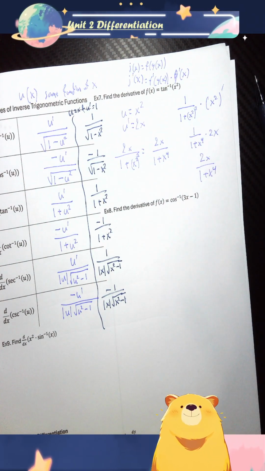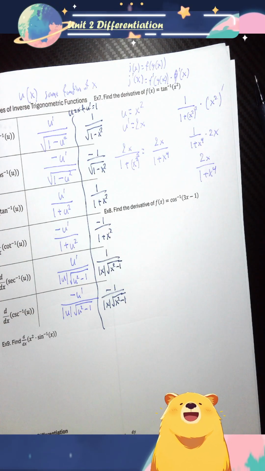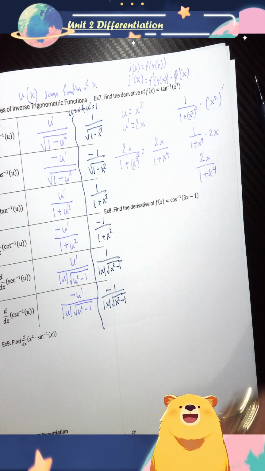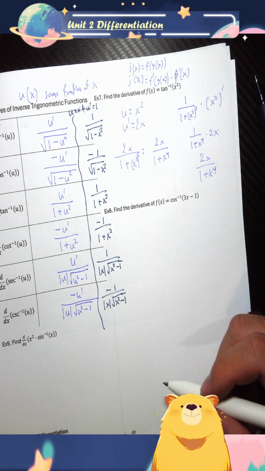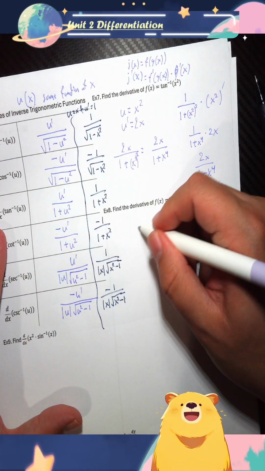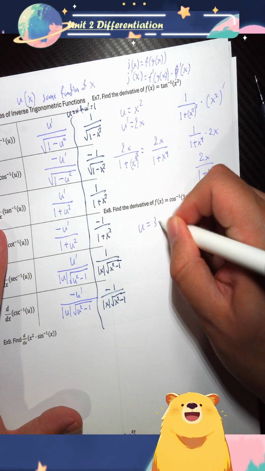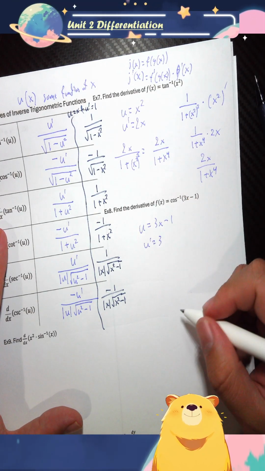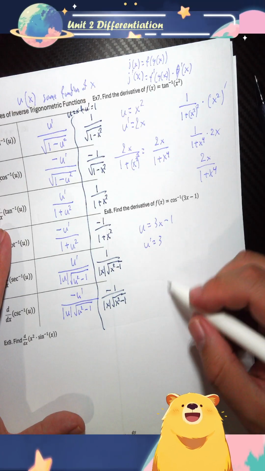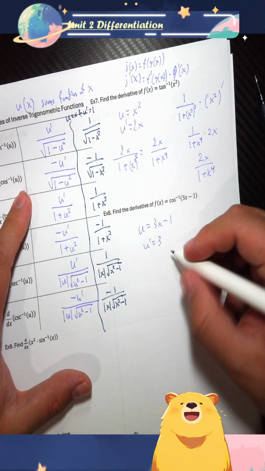Okay, let's go to example 8. Example 8 says cosine inverse of 3x minus 1. Well, if we let u be 3x minus 1, then u prime would be 3. So that means we can plug it in to this formula, just plain Jane.